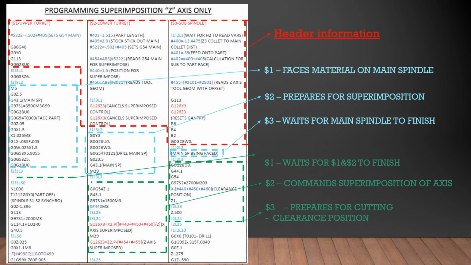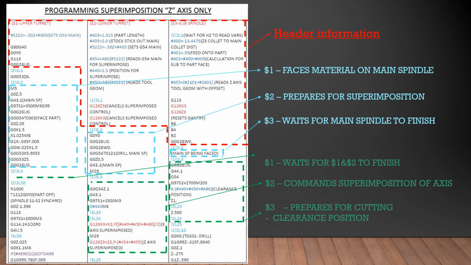Some of these variables are just filling in the blanks for things. For instance, if you look in the second column, the part length 1.515, that's #403. #405 is the stock stick out from the main, which is 2 inches. And then here we go again, #5222 is the G54 on the main.